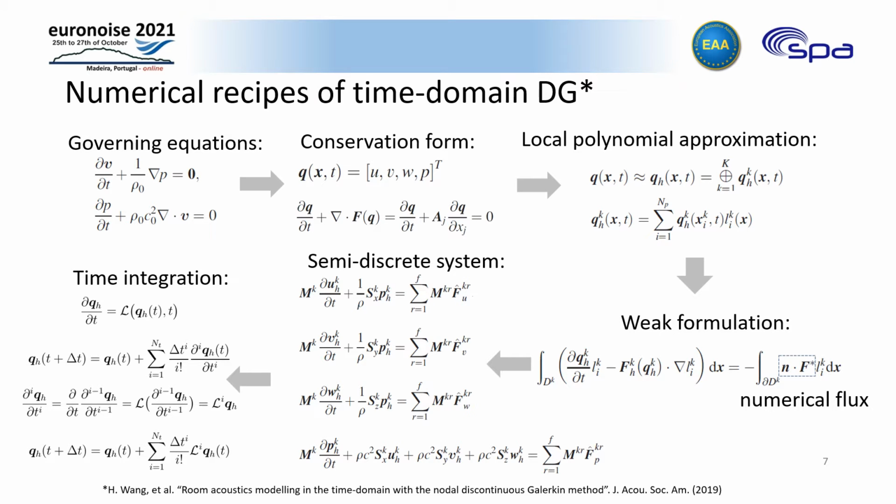The weak formulation is obtained by orthogonal projection. In our work, the upwind numerical flux is used. The semi-discrete system is finally time integrated using the Taylor series time integration, where all the needed time derivatives of various orders are obtained based on the arbitrary high-order derivatives methodology. More additional details can be found in the reference.